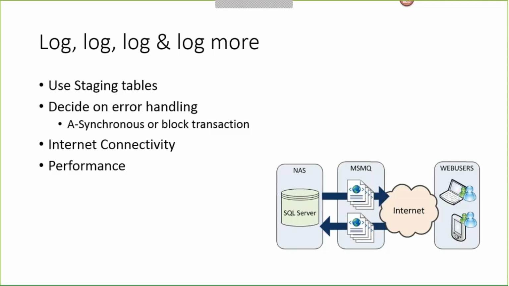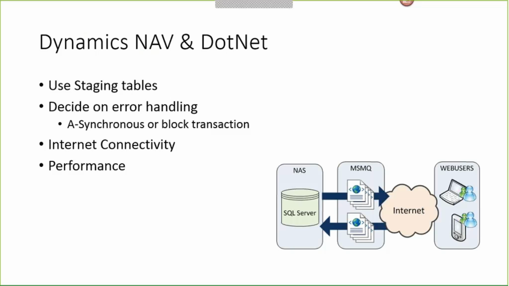This is interesting, for example, if you have a web shop and you receive orders and one of the orders has an error, you don't want any of the next orders not to be processed. Remember that your system relies on internet connectivity, so consider that when you design your interface, and always consider performance, especially when you expect high volume transactions.